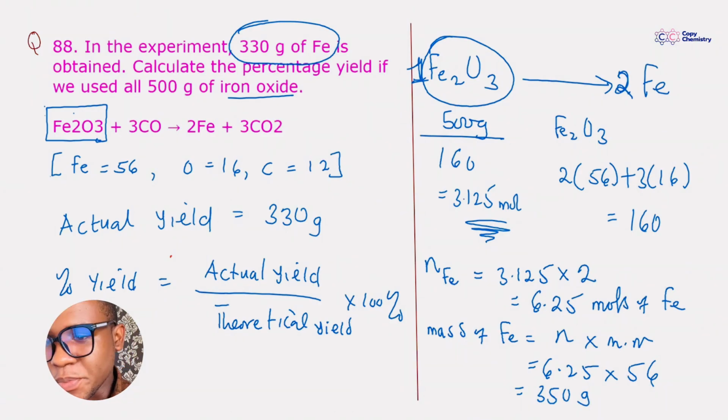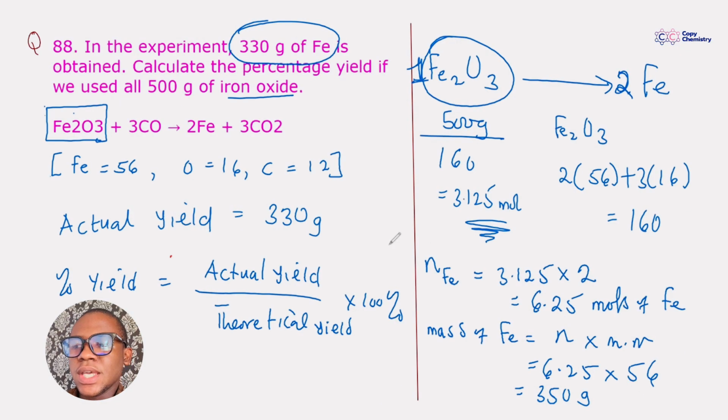So it's at the end of the page, but this is not the end of the question. 350 grams is the amount of iron that should be generated by calculation, right? Meaning that 350 grams is our theoretical yield. So we are almost done. We just have to say that the percent yield now will be equal to the actual yield.